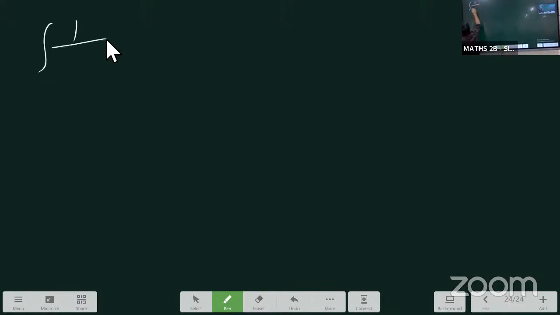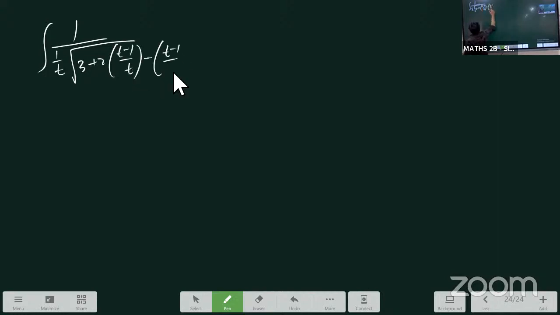Integration of 1 by, this was 1 by t, and under root of 3 plus 2x, x means what I said, (1 minus t) by t, minus x square, that is ((1 minus t) by t) whole square, and minus dt by t square, dx also.